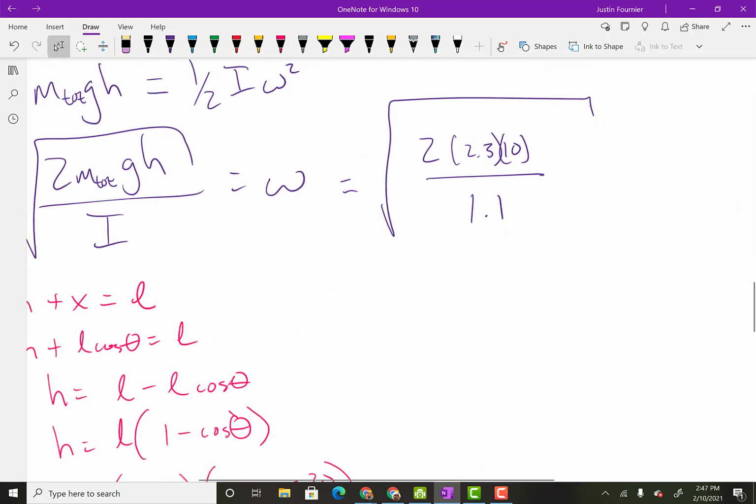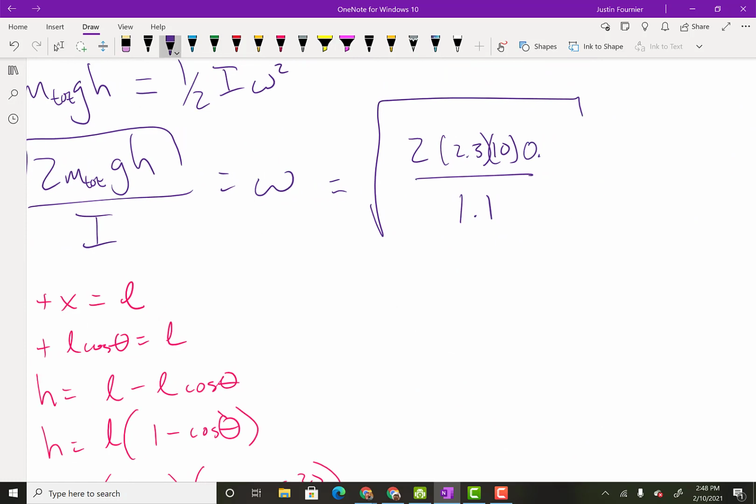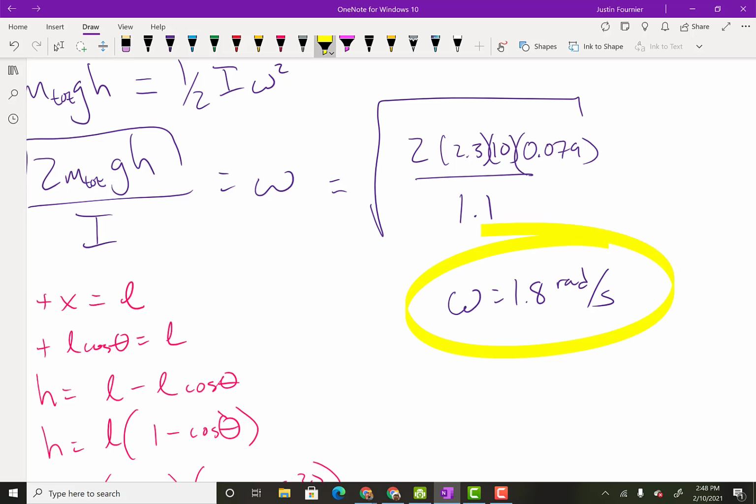Let's plug that in there. All right, let's wrap all this up. So times 10 times 2.3 times 2 divided by 1.1, square root of all that, and I get about 1.8. So there we go.